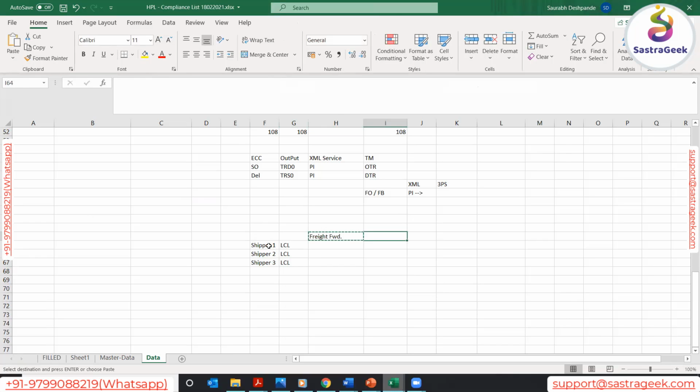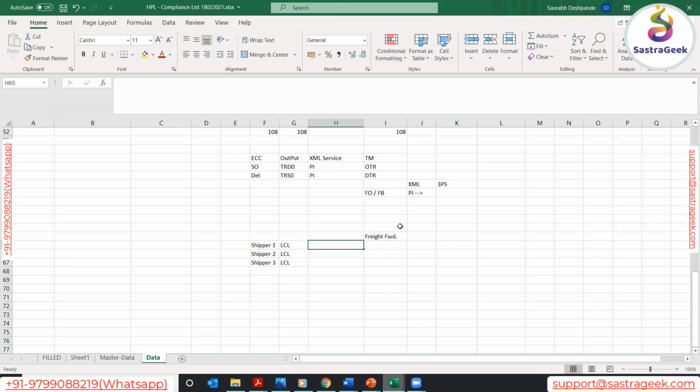So who will issue what document? Every LCL is a house LCL.